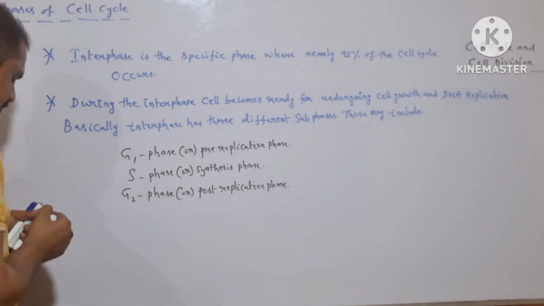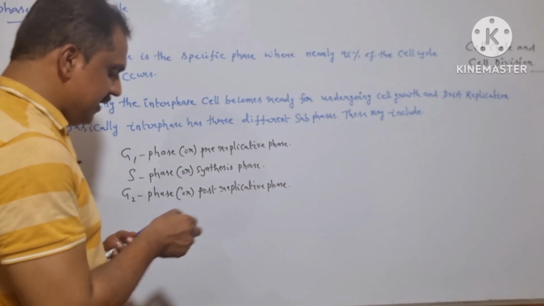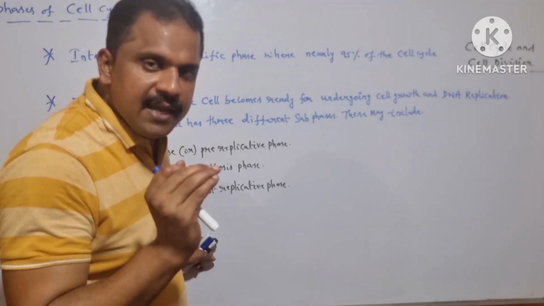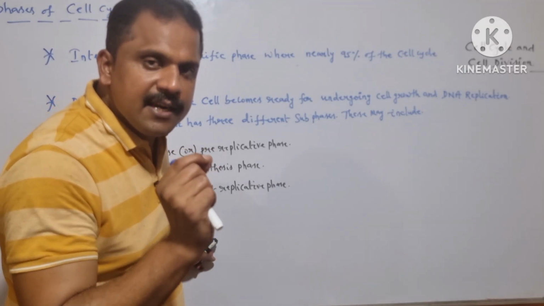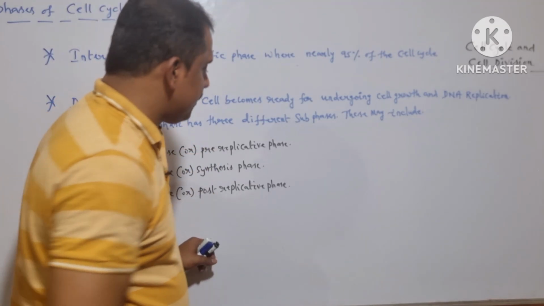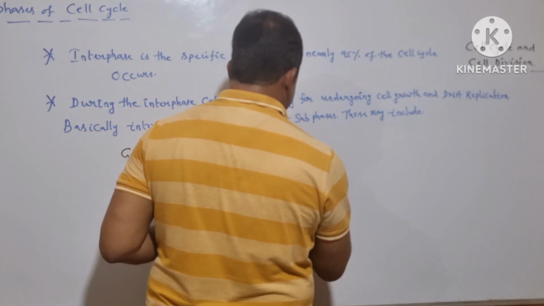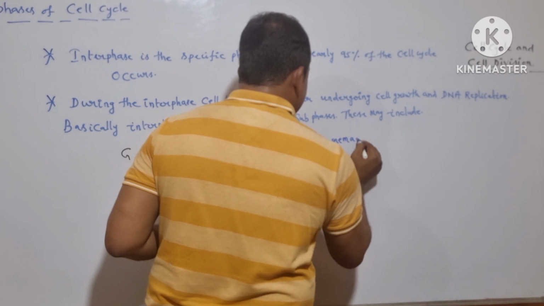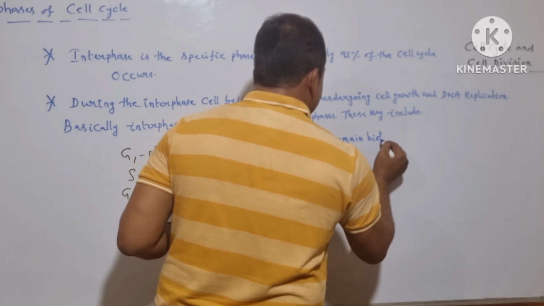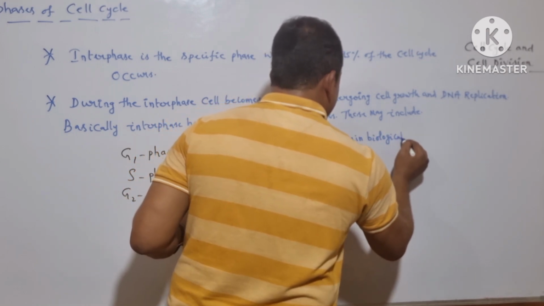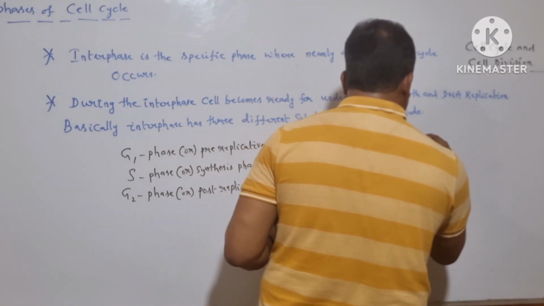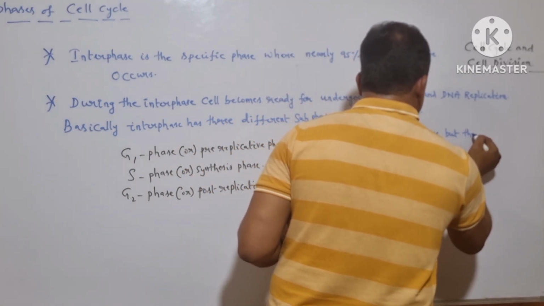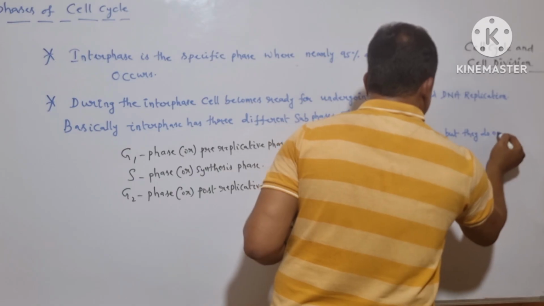So here, during the G1 phase, the biological cells, though they remain biologically active, won't participate in the replication mechanism. During the G1 phase, cells remain biologically active, but they do not participate in replication.